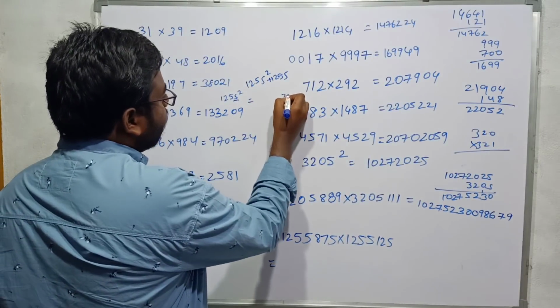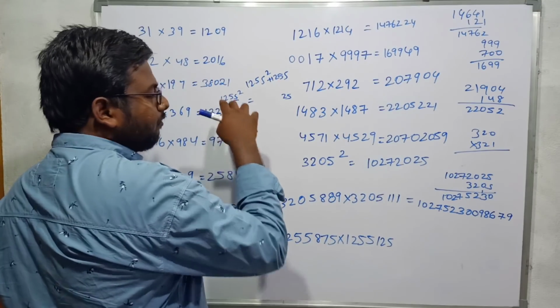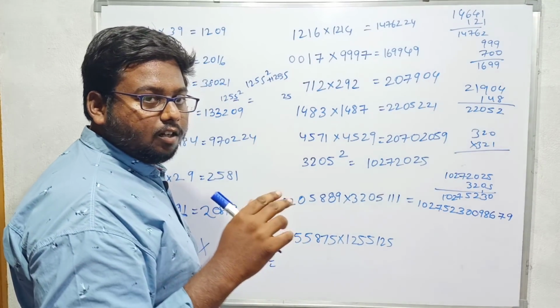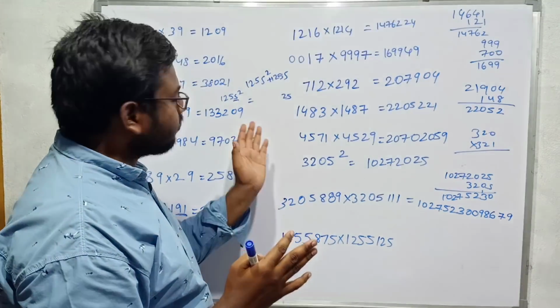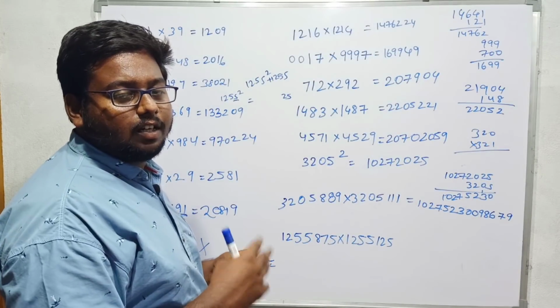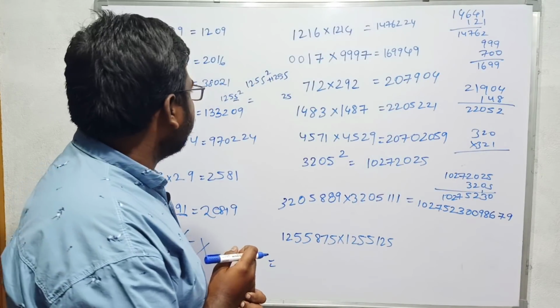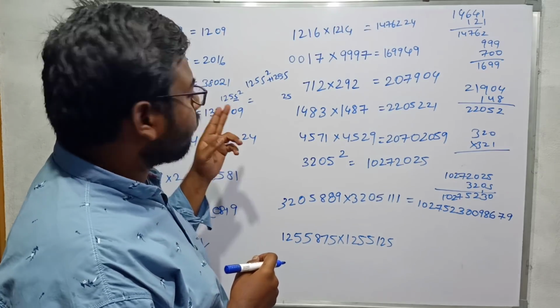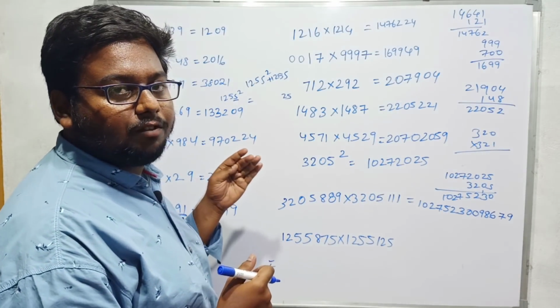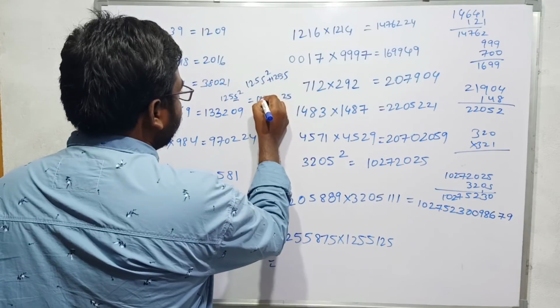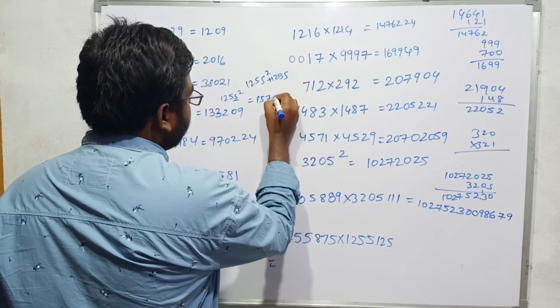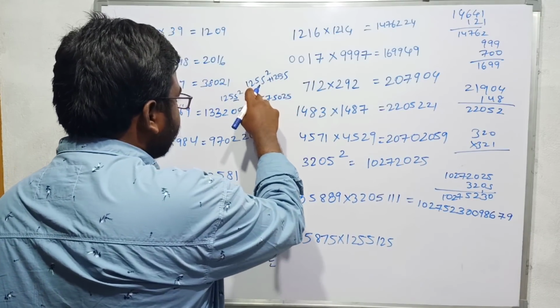For 5 square I will write 25 here, and 125 square I will calculate on the basis of the same square of number ending with 5. 12 13s, 15625. For 15625, if I add 125 to it, 625 plus 125 is 750. 1575025 will be the result of 1255 square.